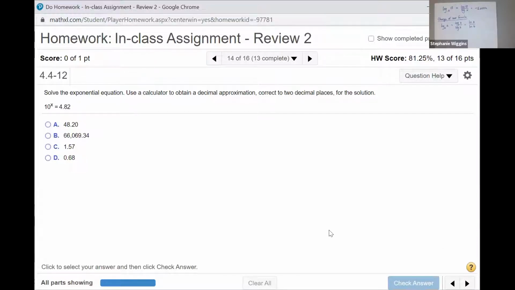Okay, you should be able to solve exponential equations. The trick is to take the log of both sides, either the natural log or the common log. But in this case, since we have base 10, you just want to go ahead and do the common log.